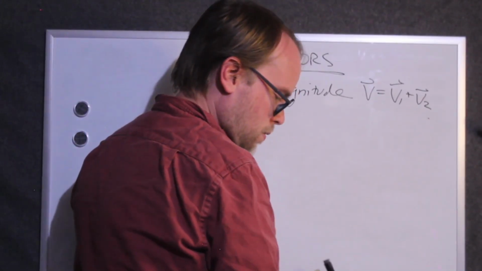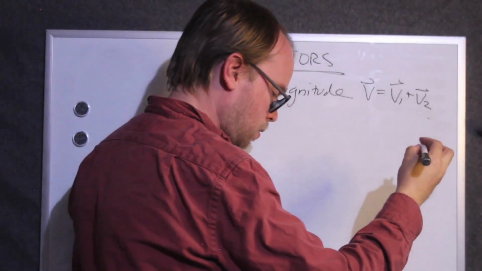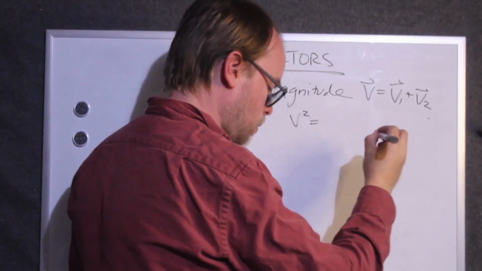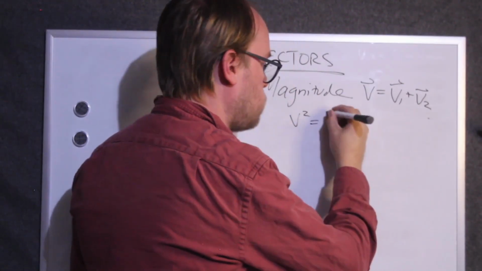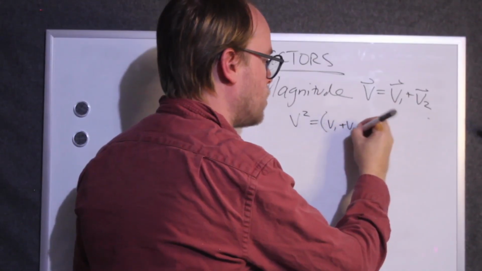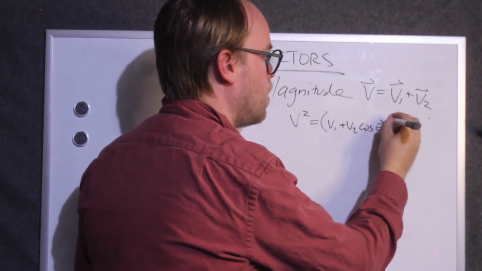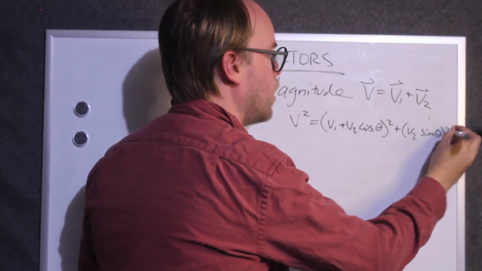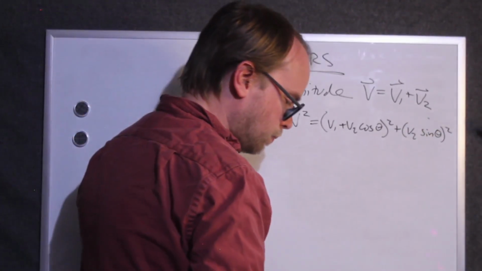So we've got v squared equals (v1 plus v2 cosine theta) squared plus (v2 sine theta) squared. Okay?